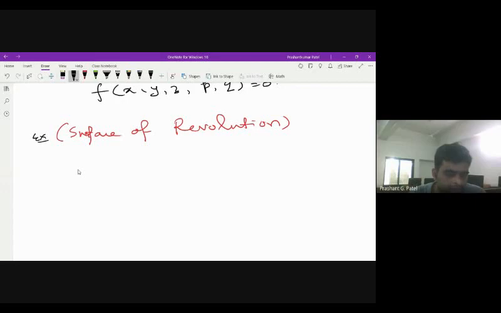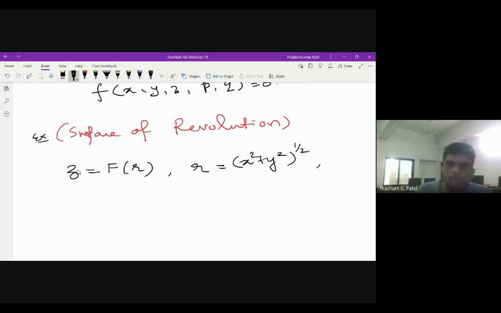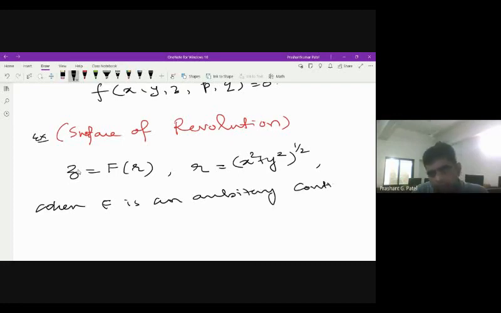Many surfaces of revolution about the z-axis are of the form z is equal to f of r, where r is x square plus y square raised to 1 by 2, or I can say the square root of x square plus y square, where f is an arbitrary continuously differentiable function.